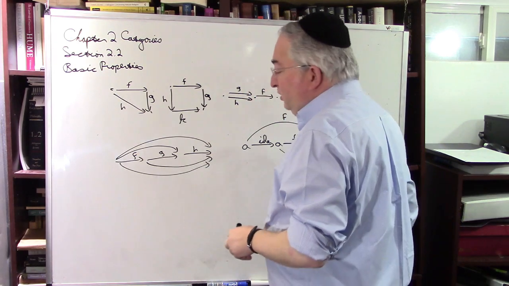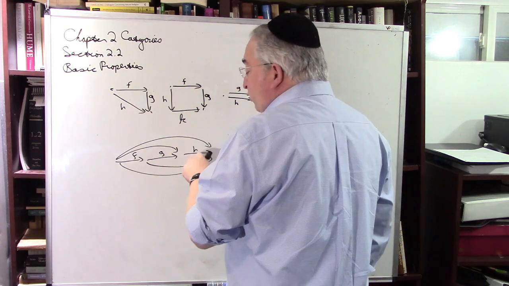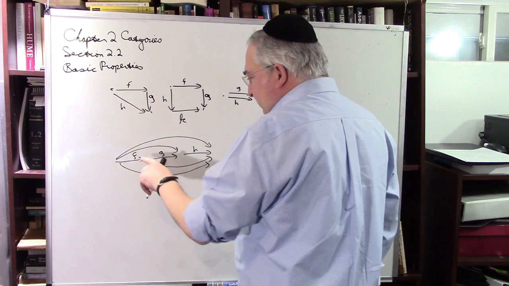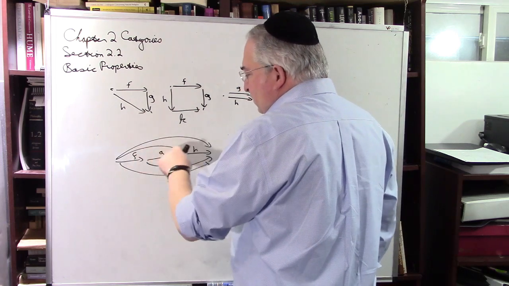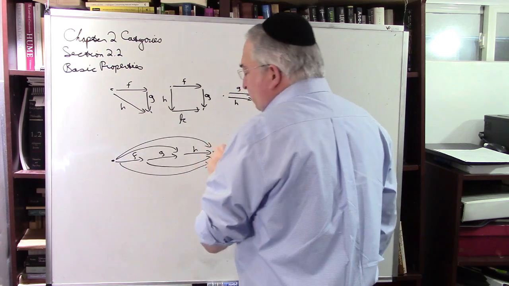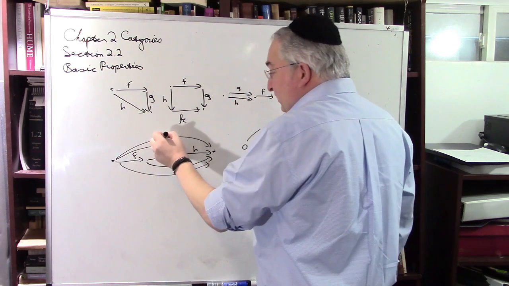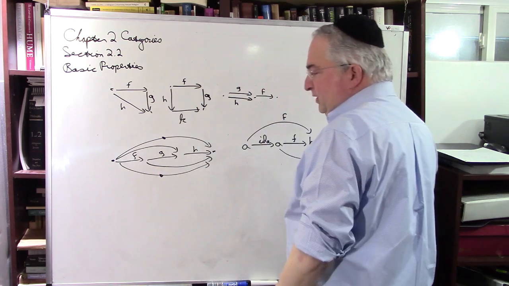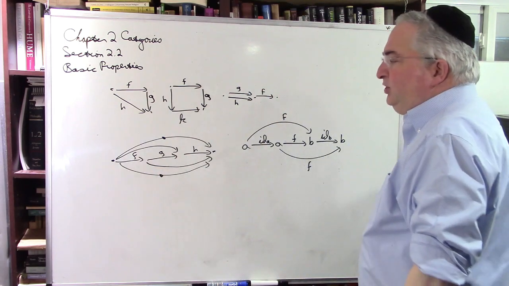We needed associativity, which means if you have three different maps together, then you can compose them in different ways. And what we want is for this to be commutative, which means that this map is the same as this map. So that's what associativity of composition means.